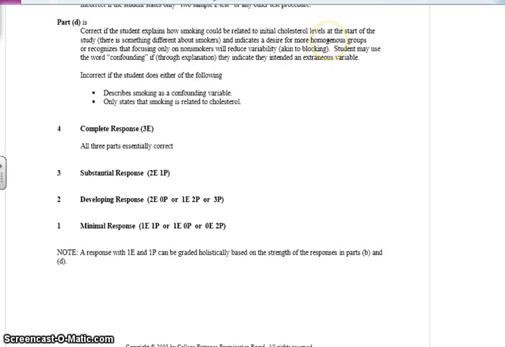You can use the word confounding, but you really have to explain what that means in the context of this study. It's not correct to just describe smoking as a confounding variable. Okay, you really have to discuss why and how just including non-smokers would address that fact. Okay, and then here you can see how it's scored.